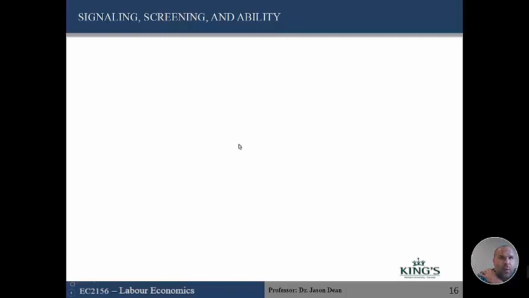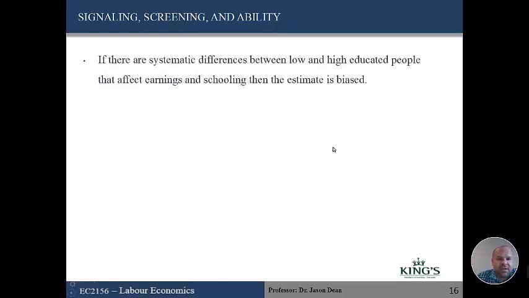So when you're estimating the returns to schooling, you want to control for ability, or else the returns to schooling you're getting could be biased upwards, because they're picking up the effect of ability and not the actual productivity enhancing aspects of education.